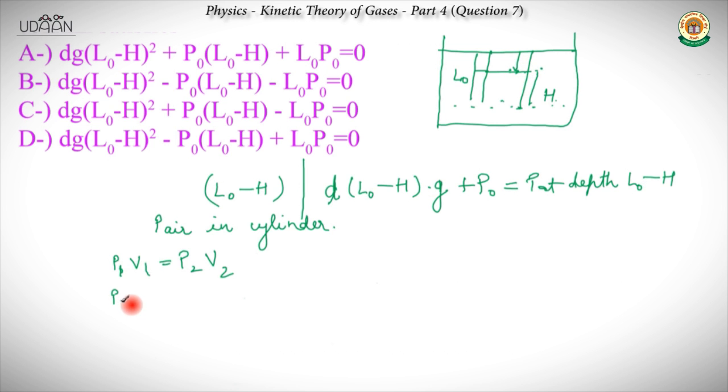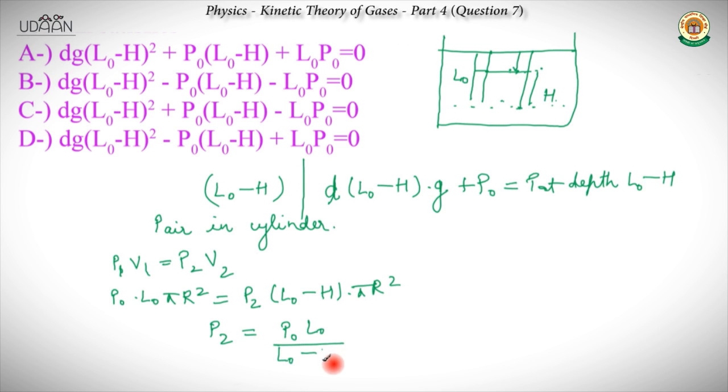So P naught into L naught into pi r square would be equal to P2 into L naught minus h into pi r square. So P2 comes out to be P naught L naught divided by L naught minus h.